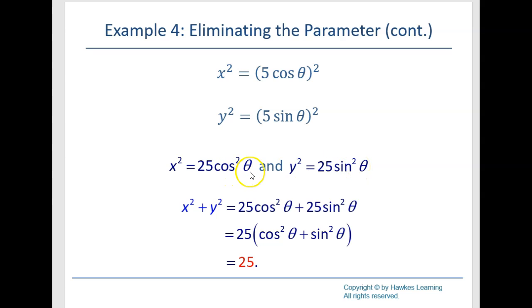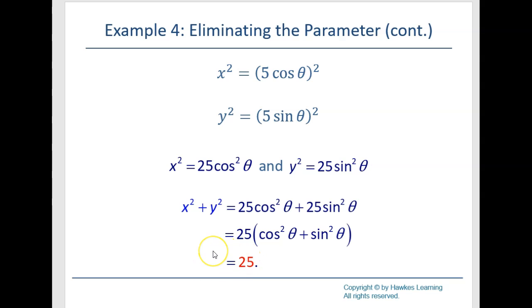Now, because I have a cosine squared and a sine squared, I can add these together, and I get x squared plus y squared equals 25 cosine squared plus 25 sine squared, and like we've seen before, cosine squared plus sine squared is equal to 1, so 25 times 1, and we get x squared plus y squared equals 25, which is a circle centered at the origin with radius 5.